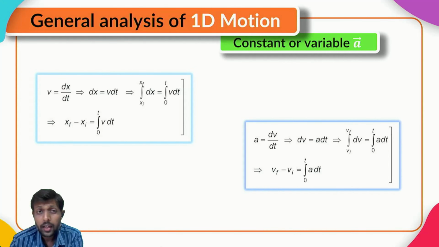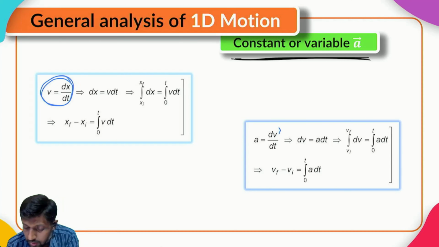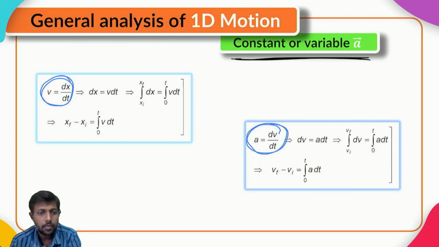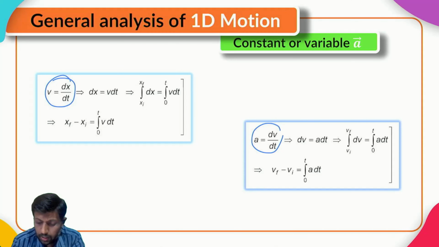So let's do a quick recap of what we just saw. We know constant or variable, doesn't matter if the acceleration is changing or the acceleration is constant, you can still use this always. Okay, let's take a look at what other information we can extract from these simple equations.